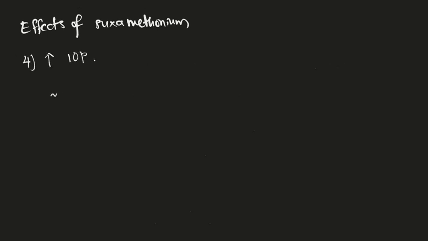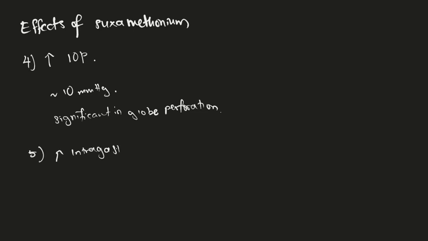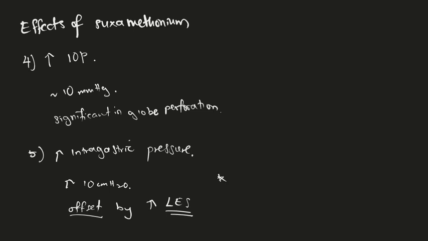Then you have also an increase in intraocular pressure, which can be significant in globe perforation. Intragastric pressure can increase from suxamethonium by about 10 centimeters of water, but it is offset by an increase in the lower esophageal sphincter tone.